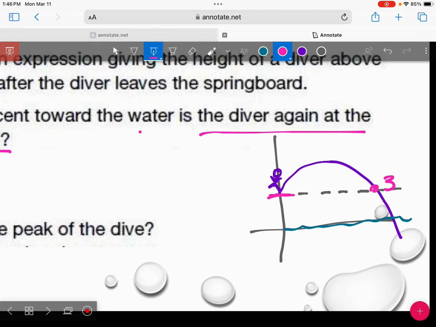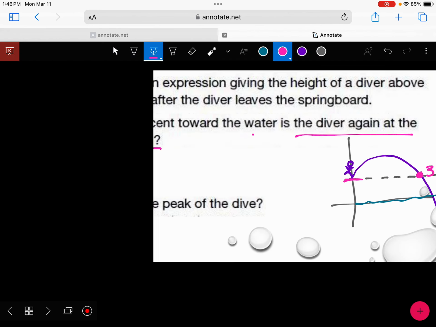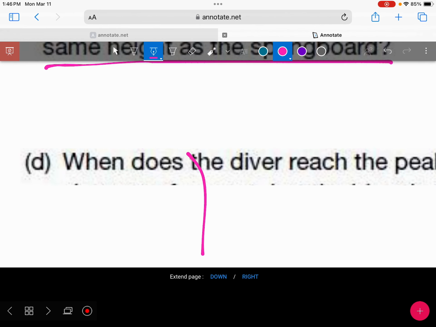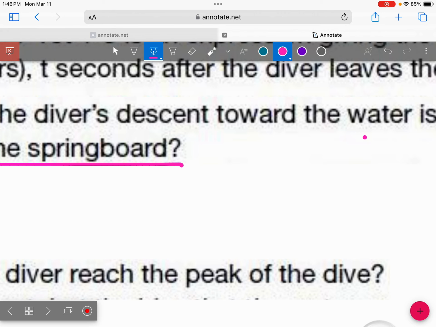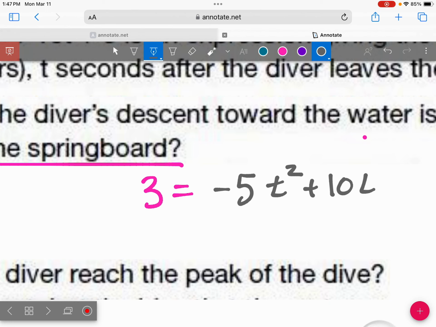So if we want to know the next time they're at the same height as the springboard, we would set our height to 3. So we could do this as 3 equals negative 5t squared plus 10t plus 3. We're not going to solve it, but we could solve it like that.